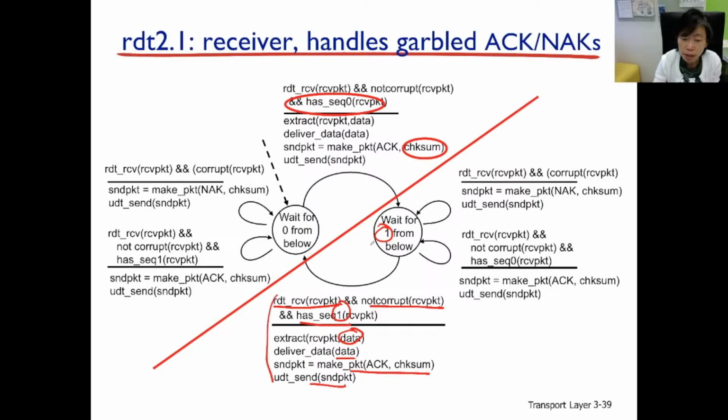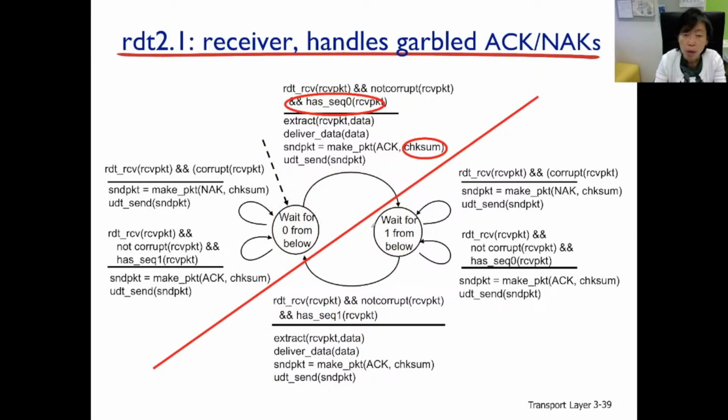Upon finishing all these actions, we take the transition and the receiver goes back to wait for 0 from below. If another packet comes in, not corrupted, carrying sequence number 0, again happy, take the transition, wait for 1 from below. And this will go on and on, when there's no data corruption and no ACK/NAK corruption.